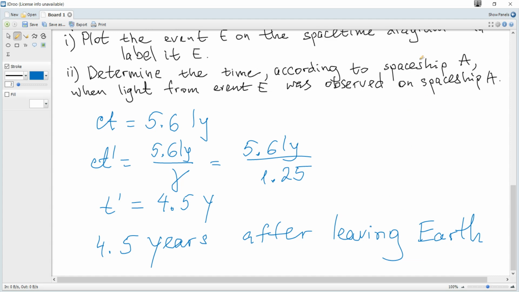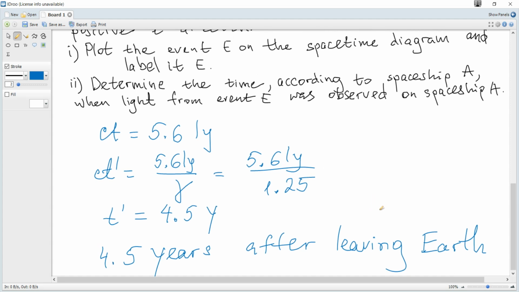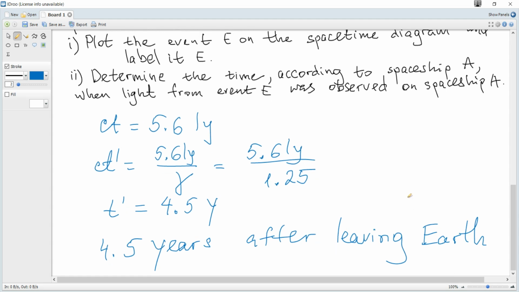It means the moment of time for A leaving Earth, and in its reference frame, the time is 4.5 years. And that's all for this question.